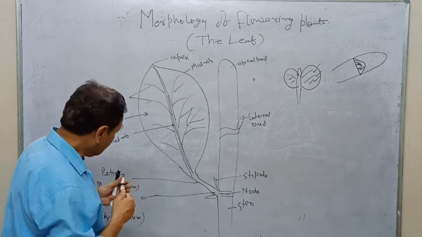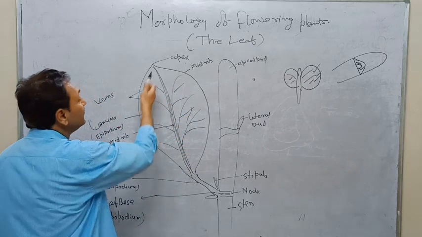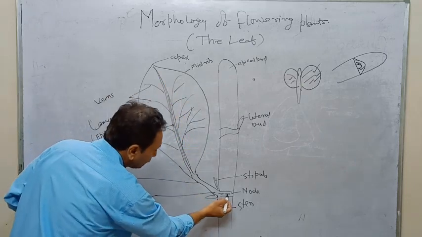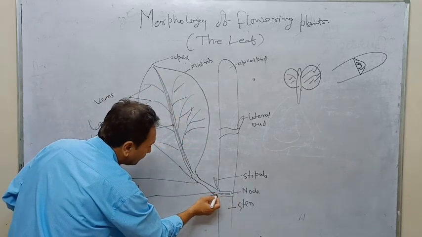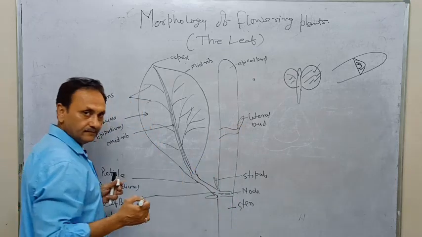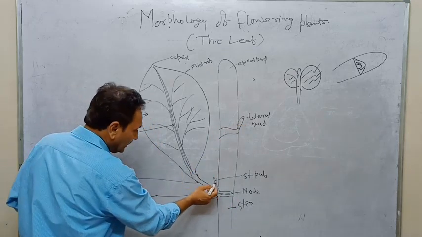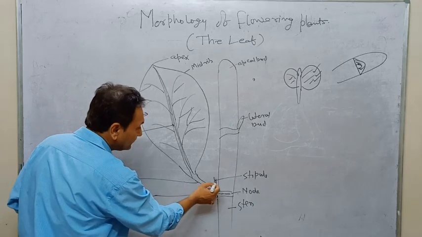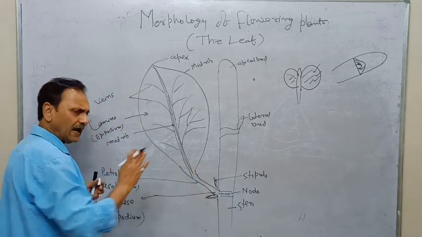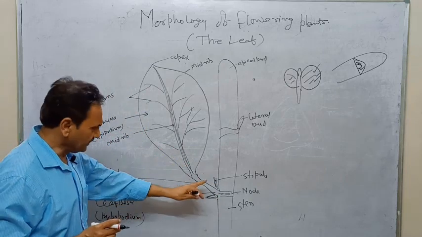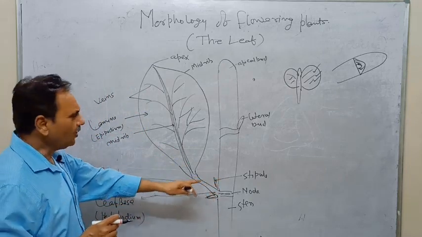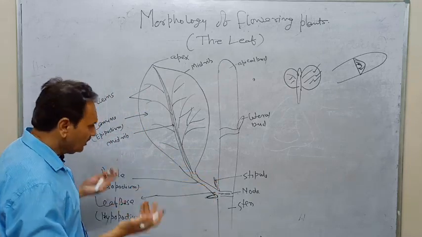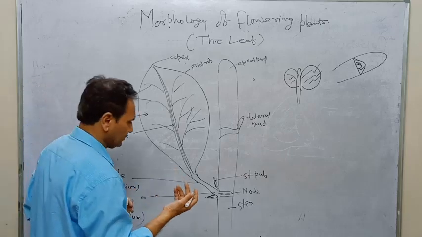So it is a typical leaf which originates from a node and has this type of bud. Now it has small green stipules. They may be absent or present. If present, it is called stipulate, or if absent, it is called astipulate or non-stipulate.